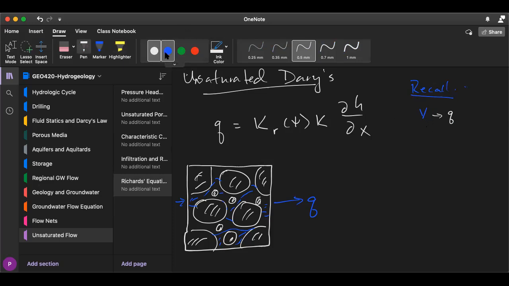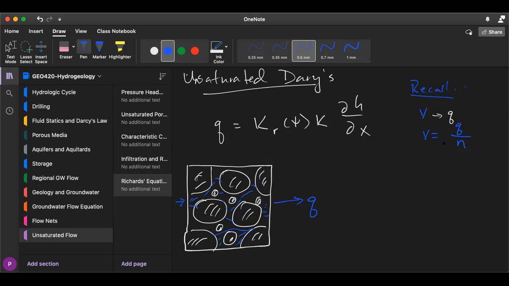Right, so the velocity is equal to the flux over the porosity. And why did we have to do this? Do you guys remember why we had to divide by porosity? Exactly. The flow's only able to go through the pores. It doesn't go through the grains. So we had to divide by porosity.